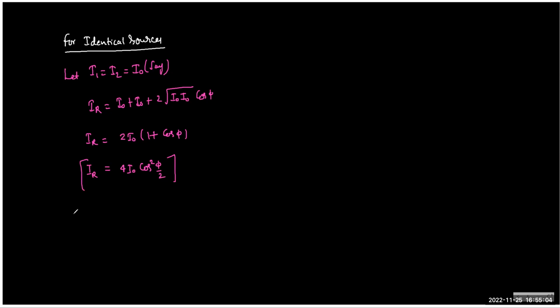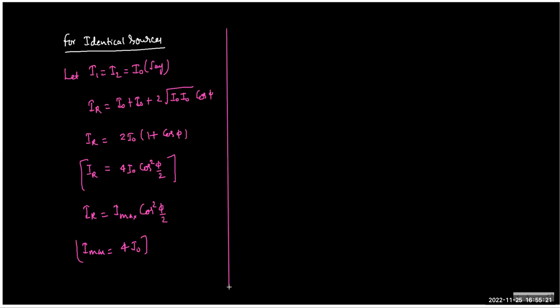So the formula becomes really easy. So the maximum intensity is 4 times the individual. Okay, sir. So let's keep it in general.